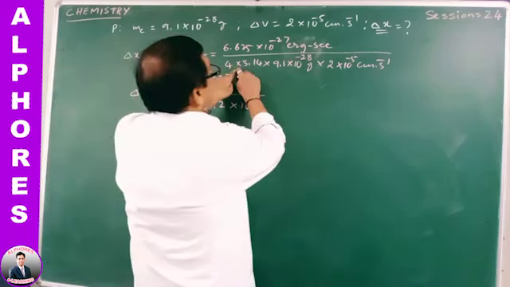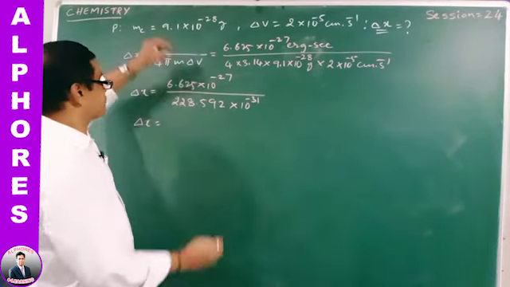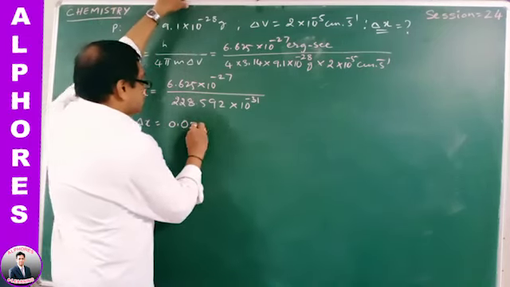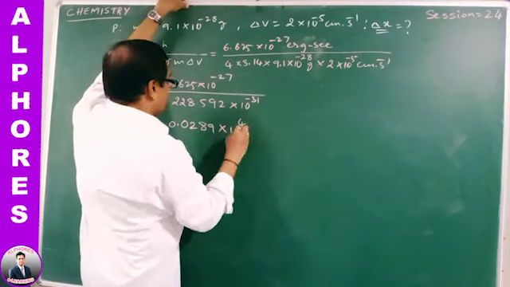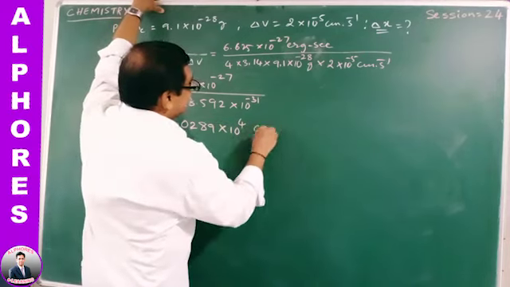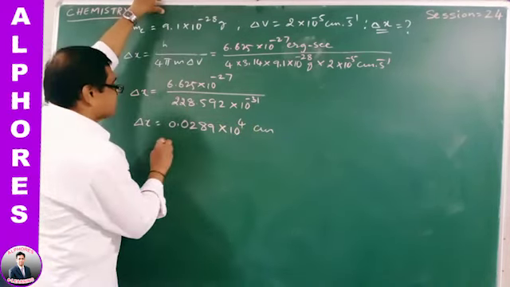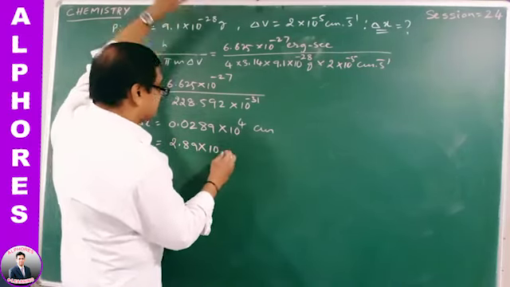On solving this, delta x is equal to 0.0289 into 10 to the power, so when it goes to the numerator it becomes positive 4, in centimeters. Taking the decimal here, that is 2.89 into 10 to the power 2 centimeters, as 2 zeros get reduced.